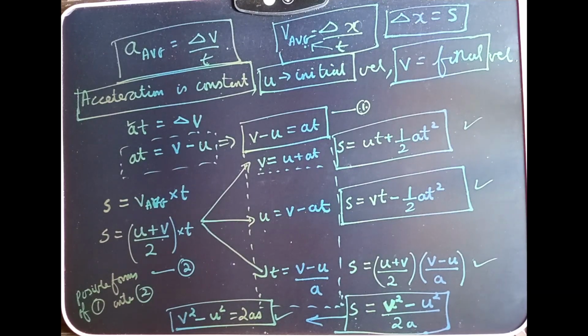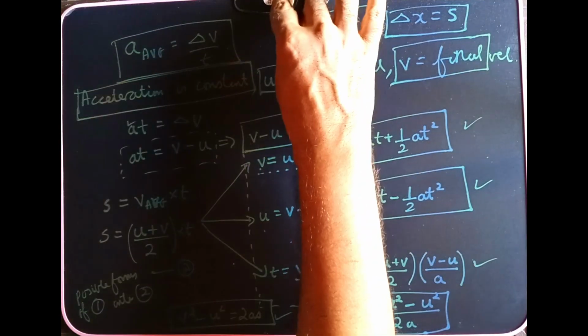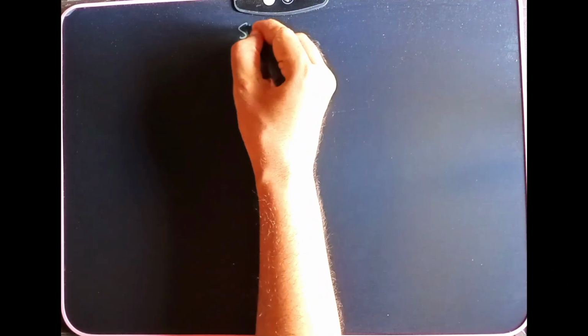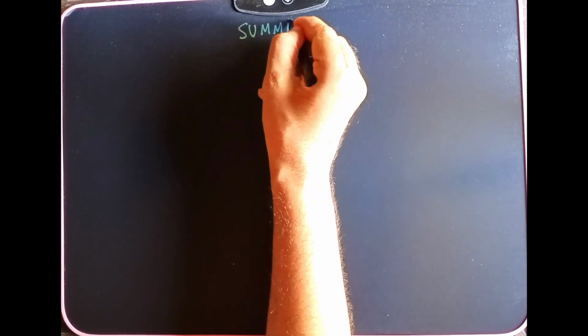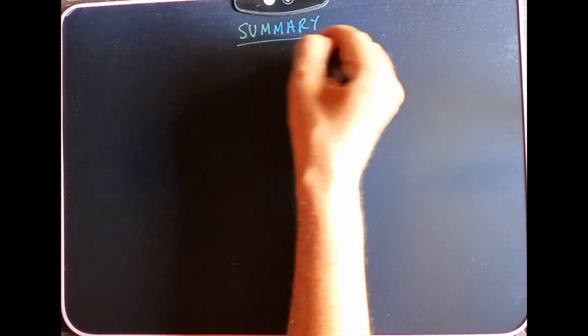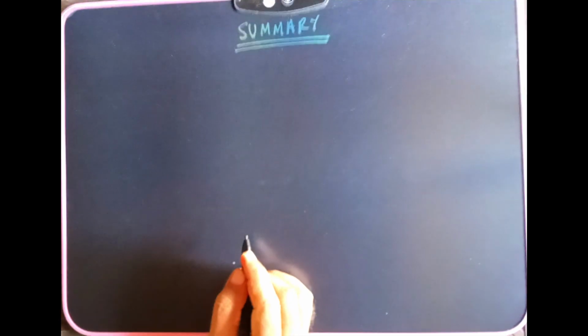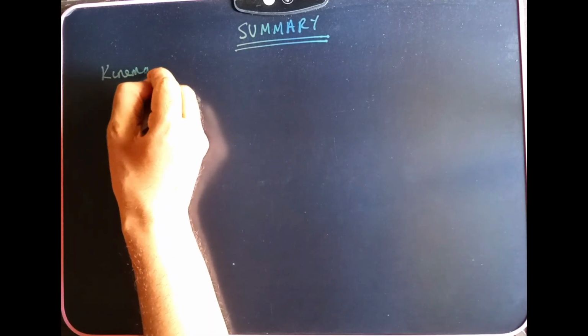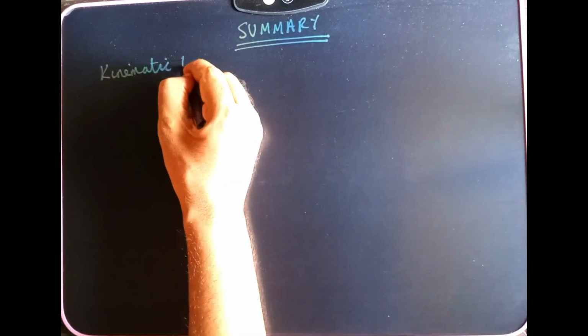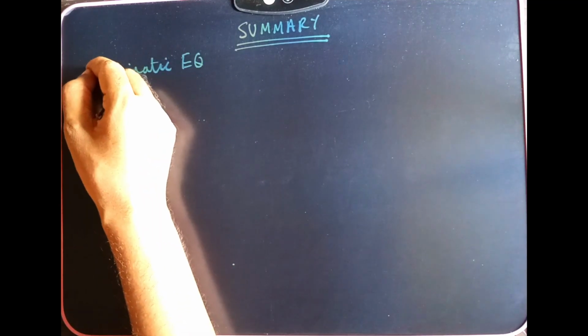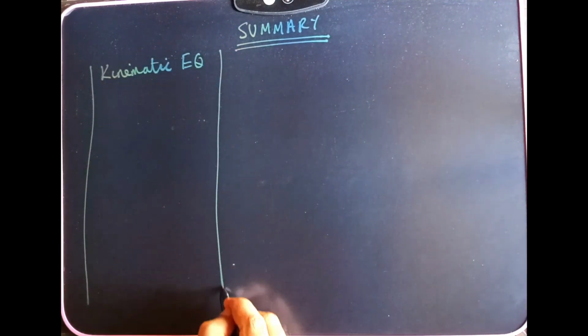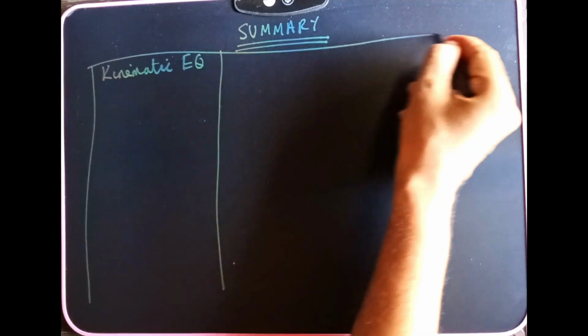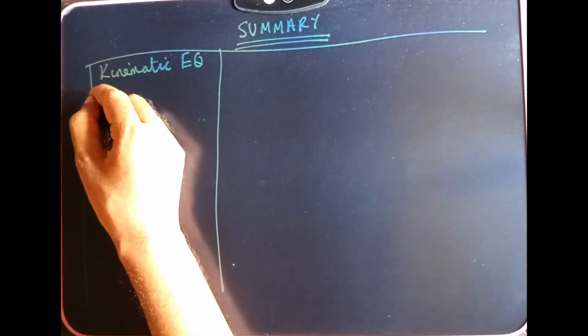So shall I summarize it? I'll clear the screen now and summarize. Summary. We have seen the kinematic equations. We have already derived them earlier by keeping acceleration constant.